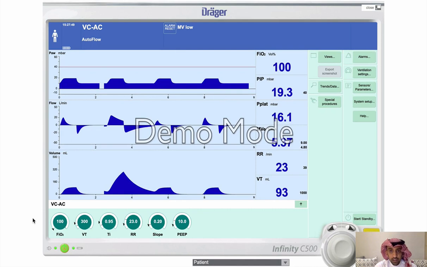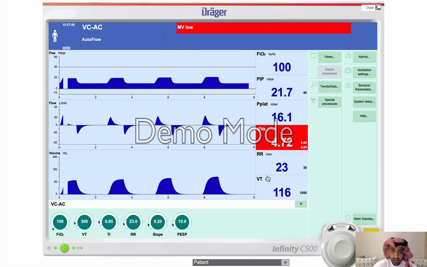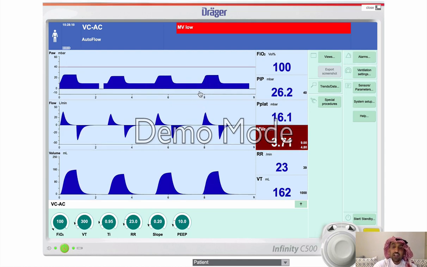So the tidal volume we set is 300, but we can see that the tidal volume is not reaching our target. It's not achieving the target because the airway pressure is reaching the limit that we set. So this mode combines both of them, but the same principle will apply to all.